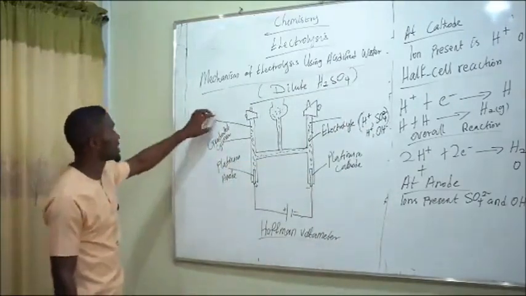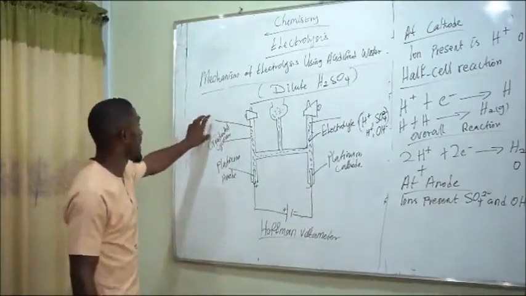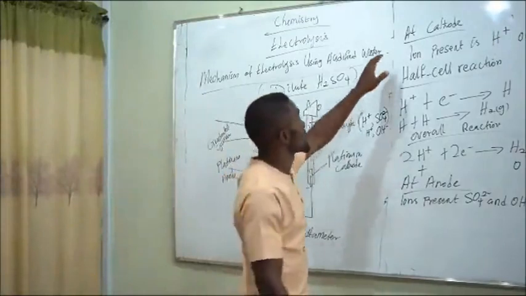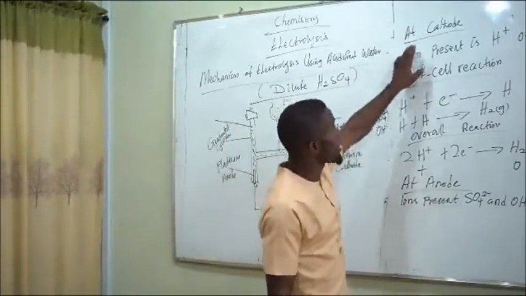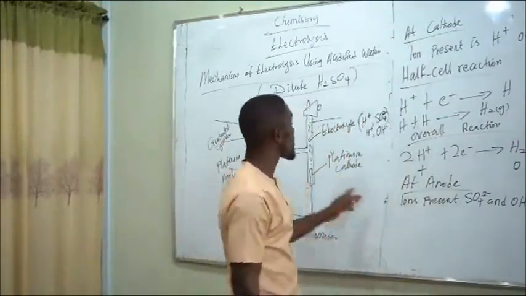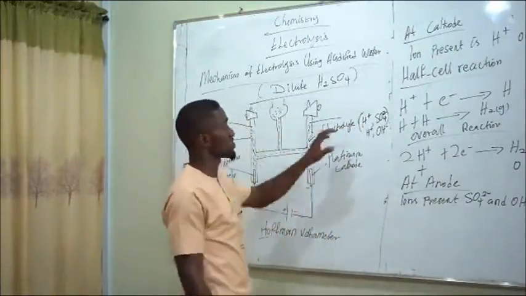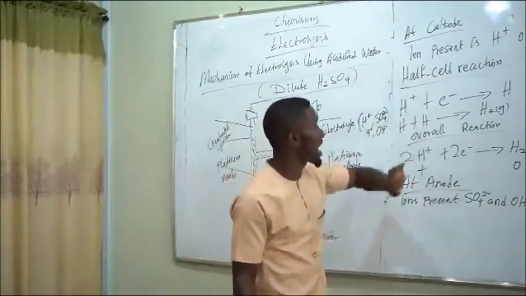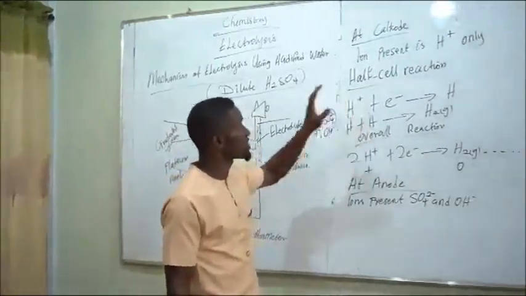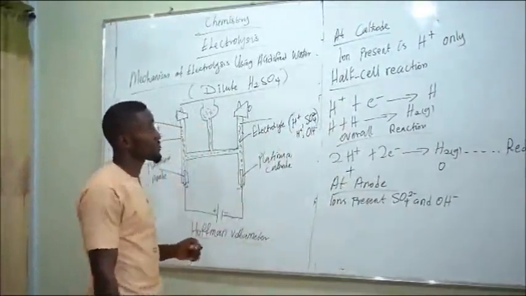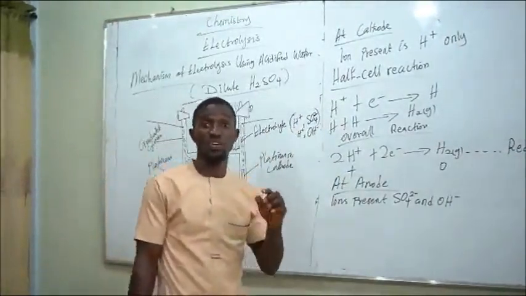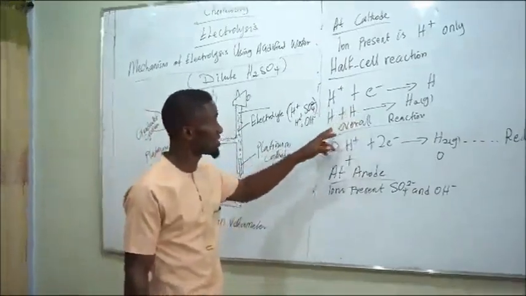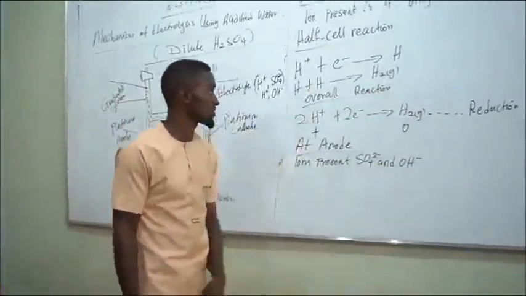Now we are going to look at the two products formed at the anode and cathode. So we go over to the cathode. The ion present at the cathode is hydrogen ion only, because that is the only positive ion we have here. Now, the half-cell reaction is that the hydrogen ion migrates to the cathode. Due to excess of electrons in the cathode, it gains electron to be deposited as hydrogen gas.